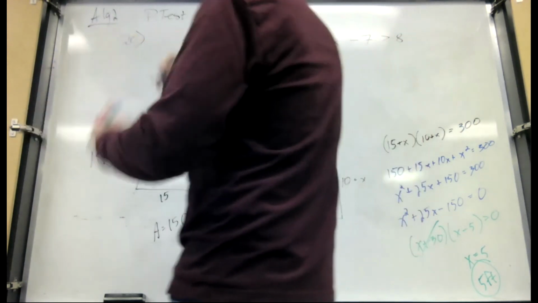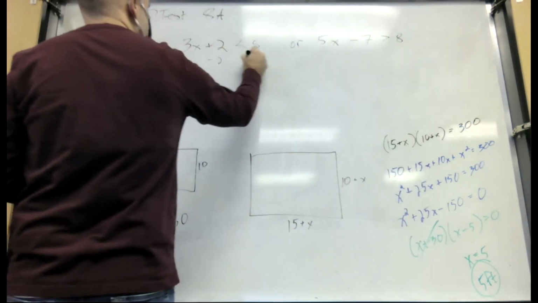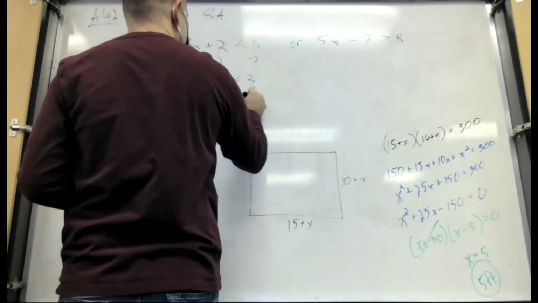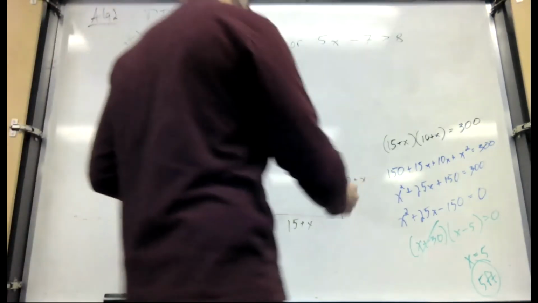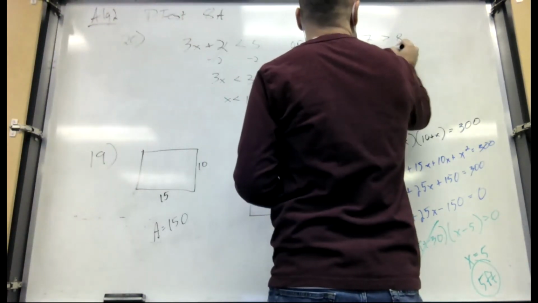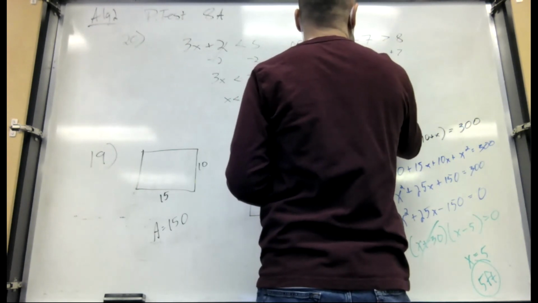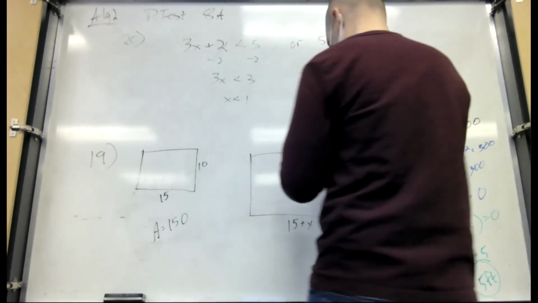Well, let's just solve these separately. So minus 2, 3x is less than 3, x is less than 1. Okay, what about this? Add 7, 5x is greater than 15, x is greater than 3.